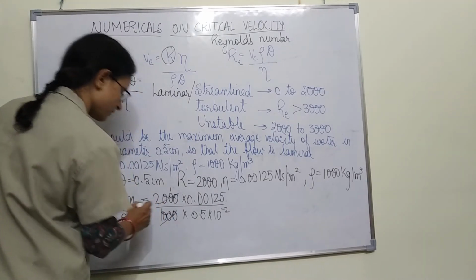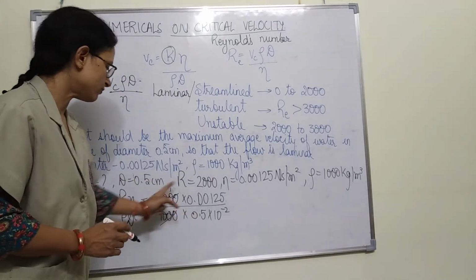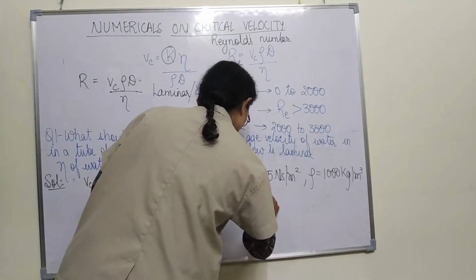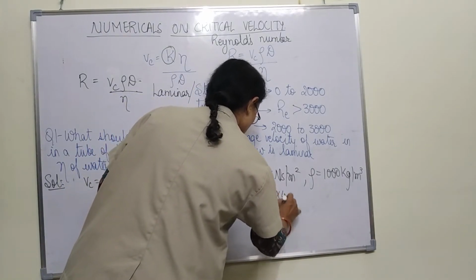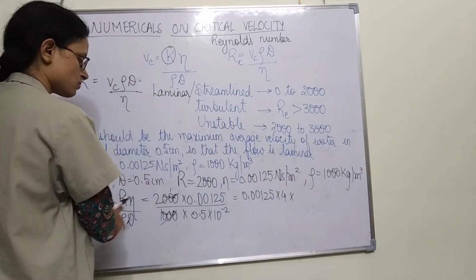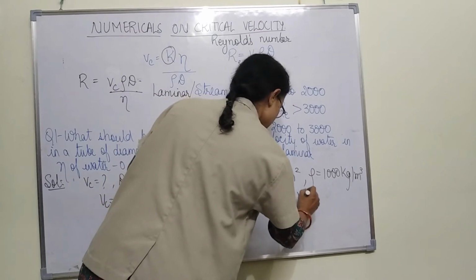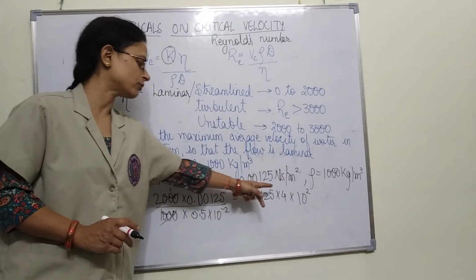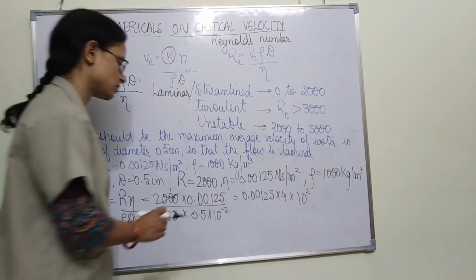So here we have cancelled this. The 0.5 in the numerator we can write as 4, so it is 0.00125 into 4. This also becomes 2, and this gives us 4, and it is 10 raised to power 2. The minus 2, when it goes up, becomes 10 raised to power 2.